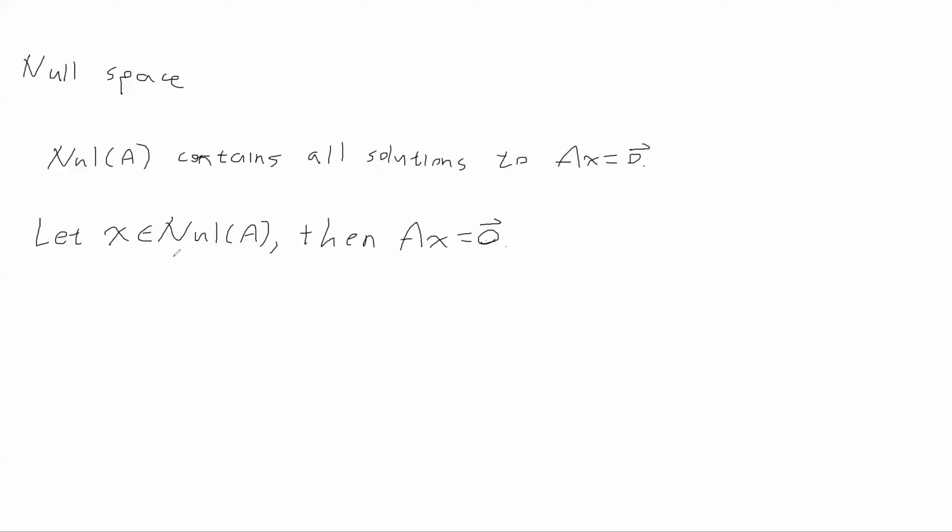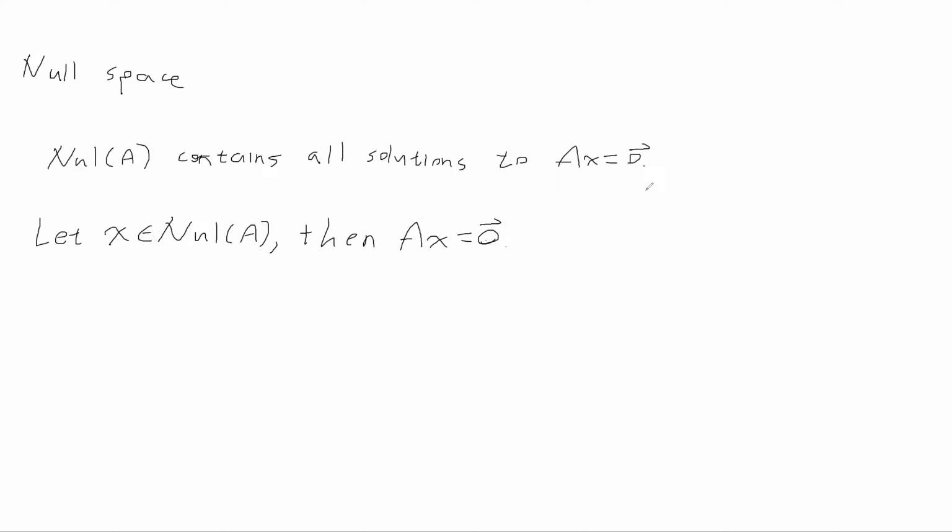So whenever you see something that has to do with the null space of A, you can immediately think of this equation right here, Ax equal to 0. All the vectors in the null space are going to satisfy this equation.